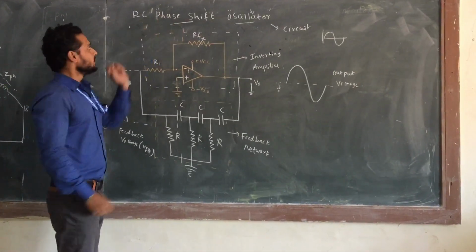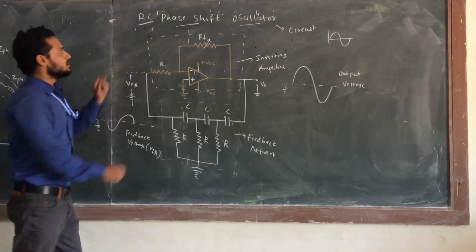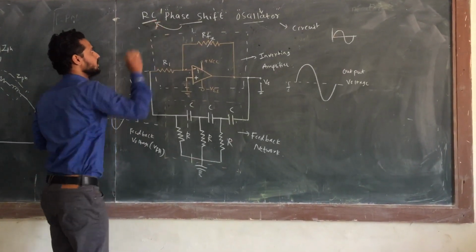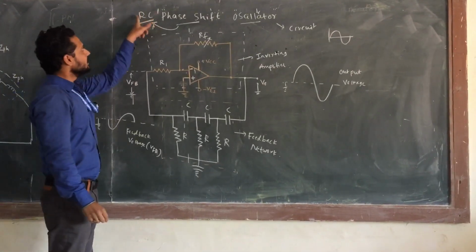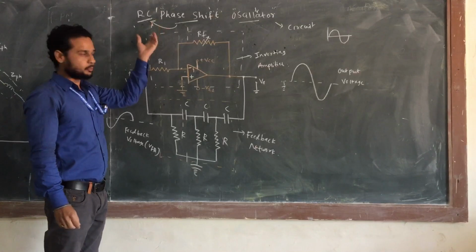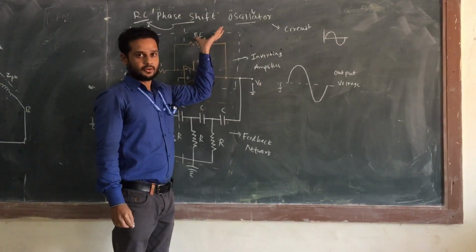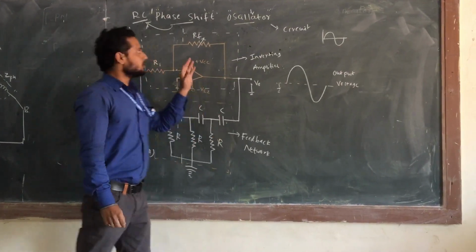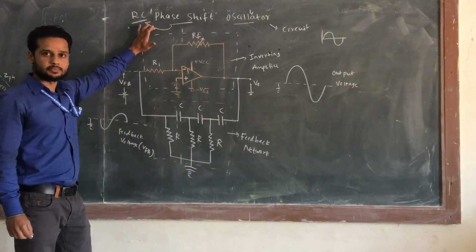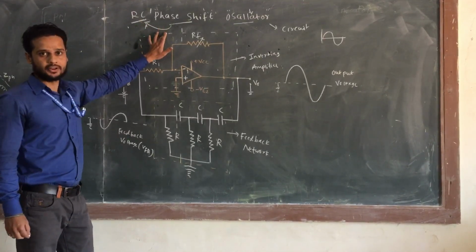Then it is followed by RC, because you make use of a resistor and capacitor to produce some value of phase shift. Using that phase shift, you can produce an output having one particular frequency. This is the meaning of the title, and the reason it is named the RC phase shift oscillator.